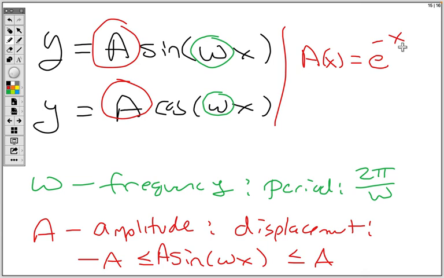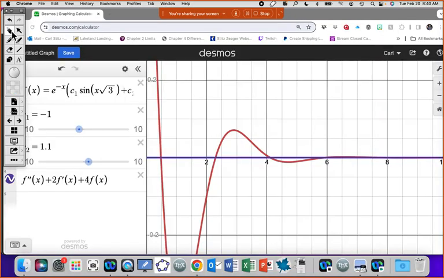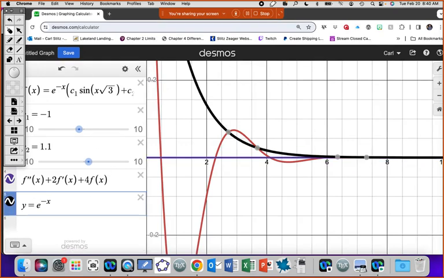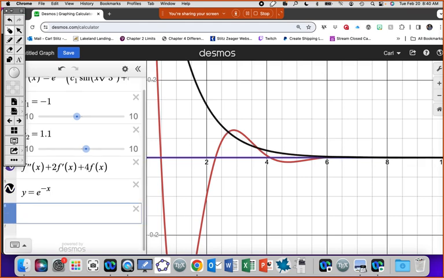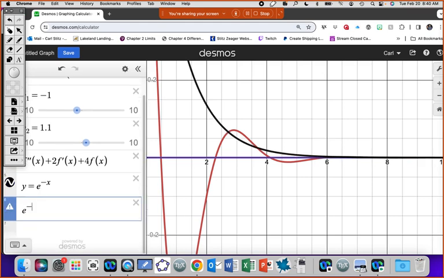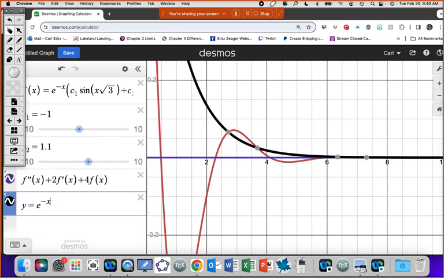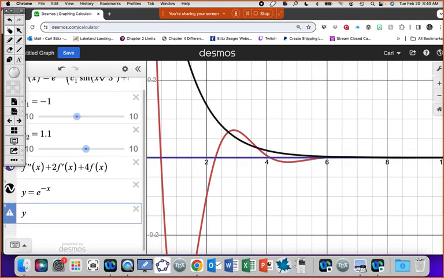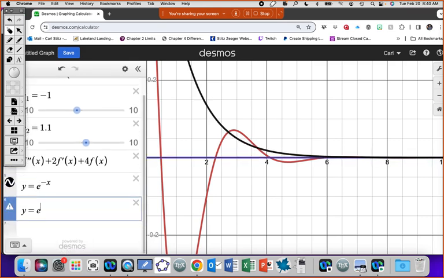So we have e to the minus x. And so what that says is that these waves are trapped between e to the minus x and minus e to the minus x, or being multiplied rather, and each of these things is going to decay the wave to 0.